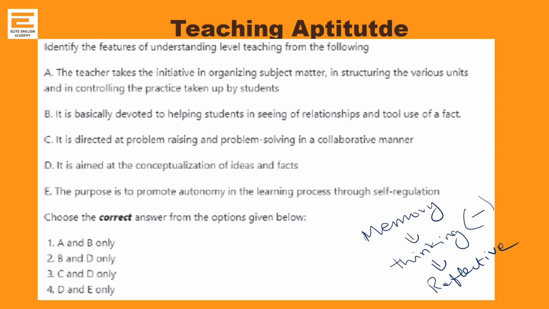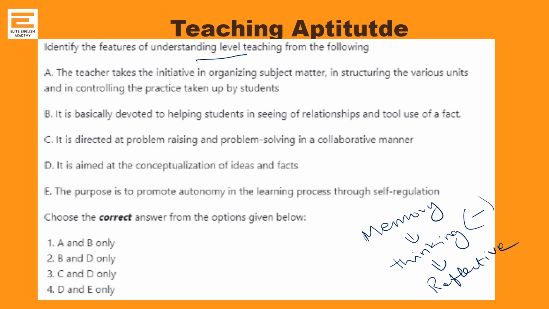Now coming back to the question, identify the features of understanding level. Understanding level comes in between memory level and thinking level, right? So now you take a few more minutes and see each and every option. Now let me give you the right option.